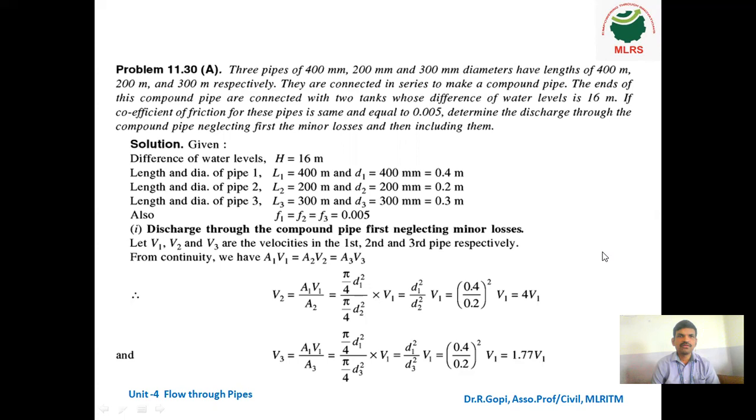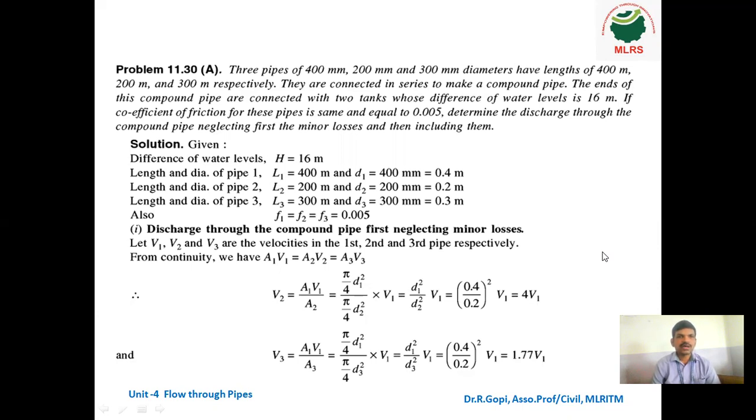Three pipes of 400 mm, 200 mm, and 300 mm diameters have lengths of 400 meter, 200 meter, and 300 meter respectively. They are connected in series to make a compound pipe. This line is very important to identify which problem this is.